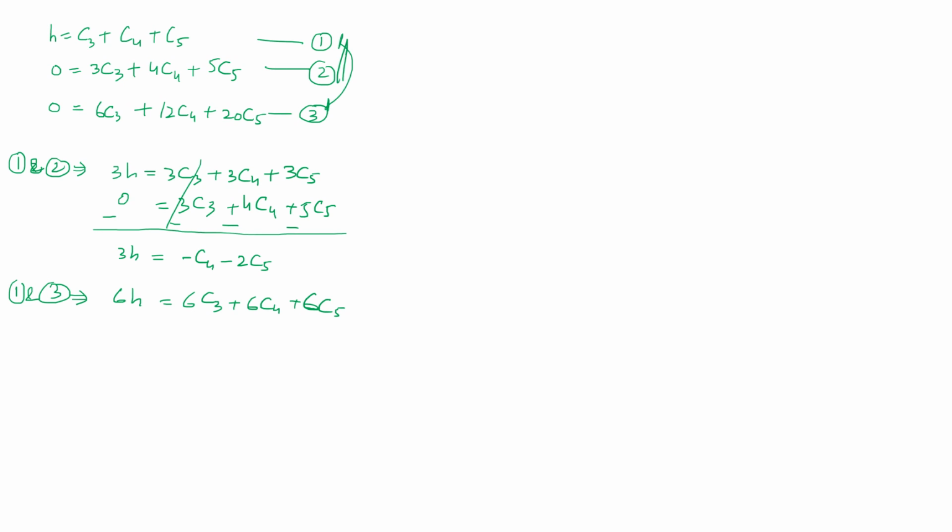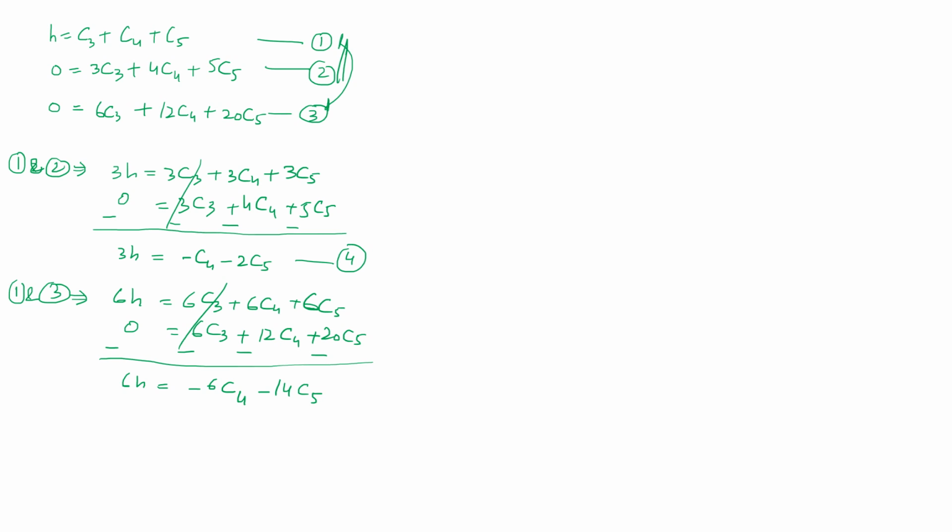And then you can write down the equation number 3 as it is. 0 to be equal to 6c3 plus 12c4 plus 20c5. And you can do a similar exercise over here. So this would mean that this term can be cancelled, and you have 6h to be equal to something like minus 6c4 minus 14c5. So I can label this equation as equation number 4 and this as equation number 5.